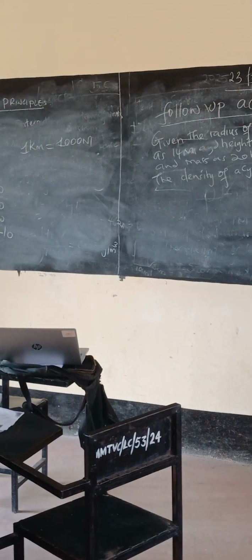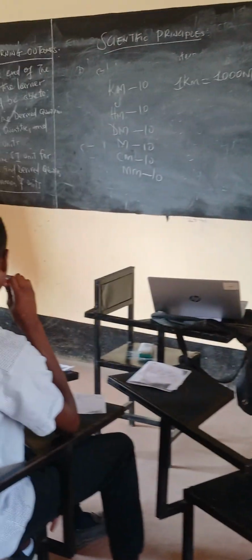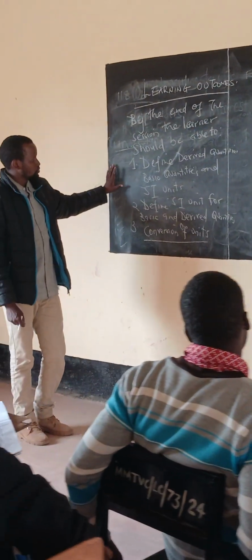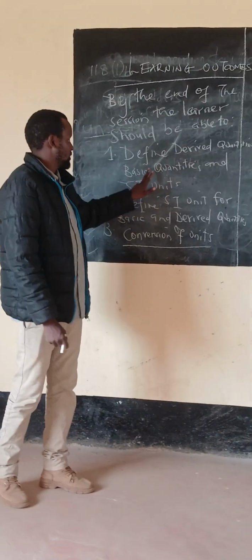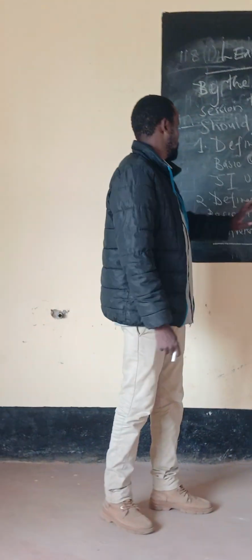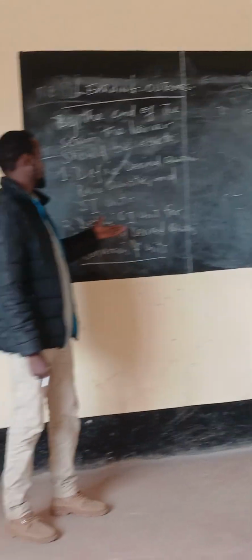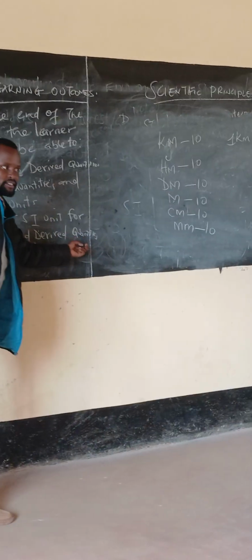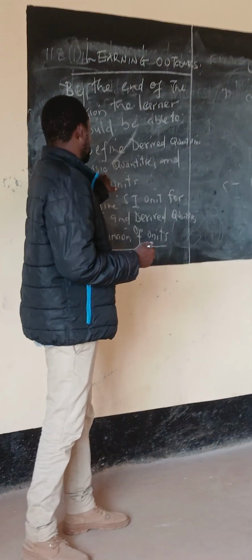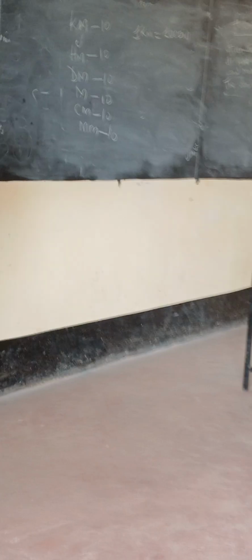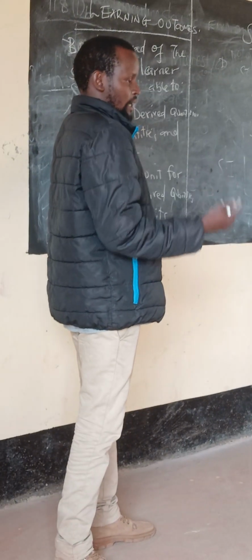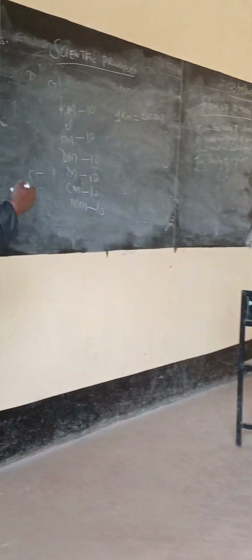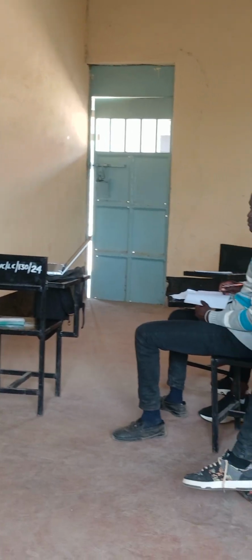Now look, when we started our lesson, we said you're supposed to know 3 things: to define derived quantities and basic quantities. The second thing is now you define the SI unit for basic and derived quantities. And we say basic, these are SI units which are based only on one measurement. For example, length is a basic quantity, time, a basic quantity, temperature, a basic quantity, mass, a basic quantity.